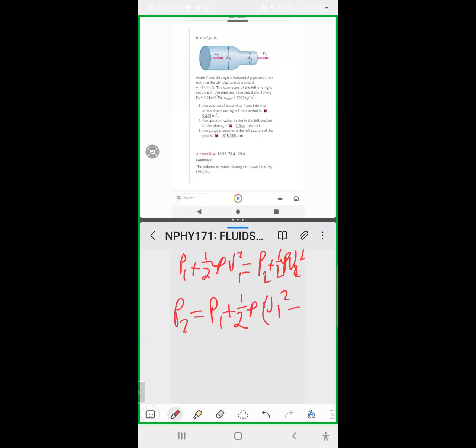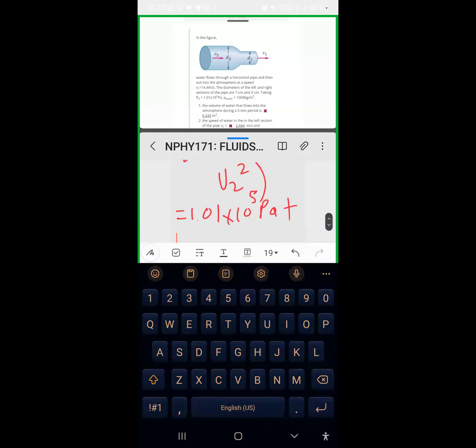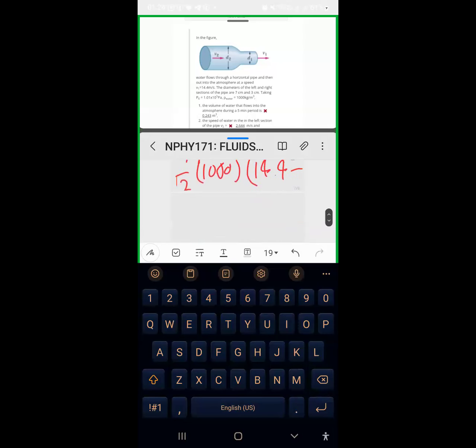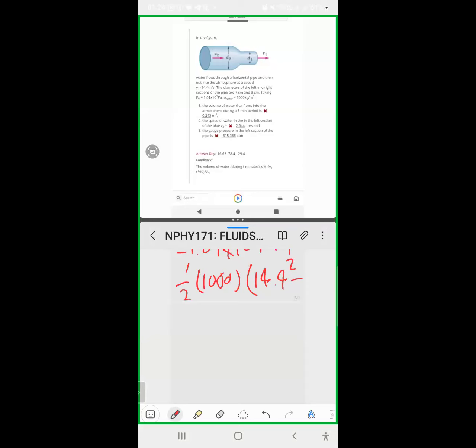Perfect. So P2 is equal to P1, whose value is 1.01 times 10 to the power 5 pascals, plus 1 over 2 times the density, which is 1000, multiplied by V1, which is 14.4, squared, minus V2, which we just calculated in the previous question and found to be 78.4, squared as well.